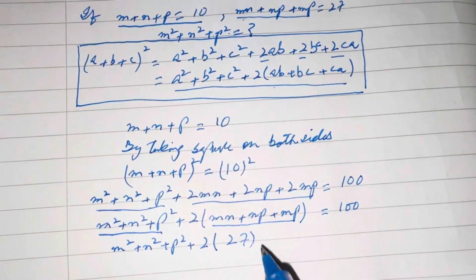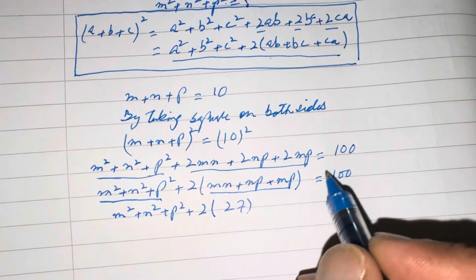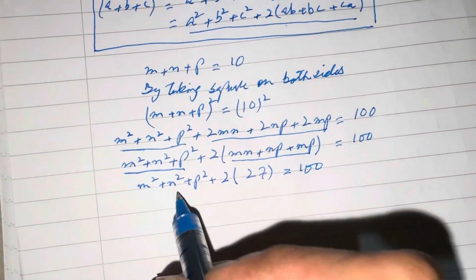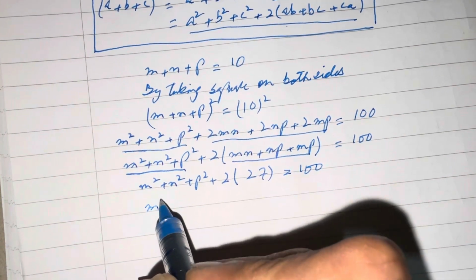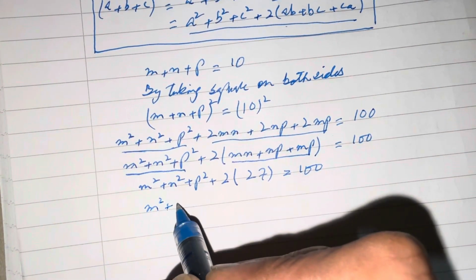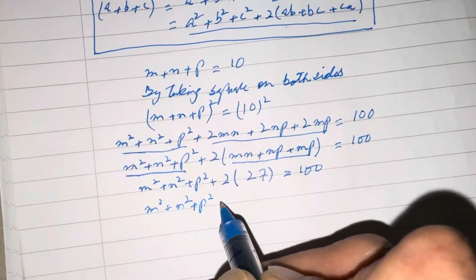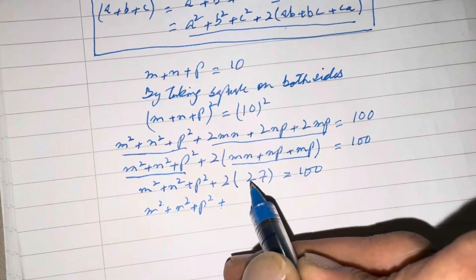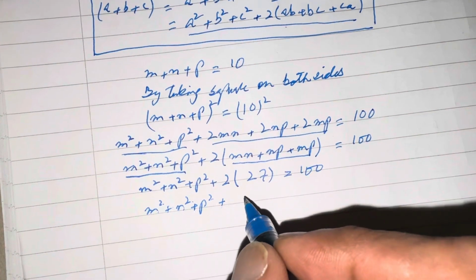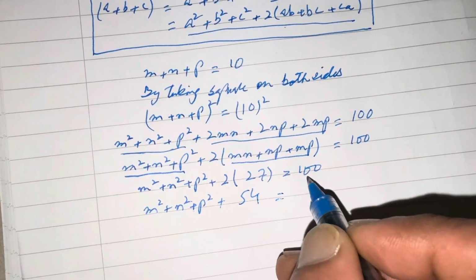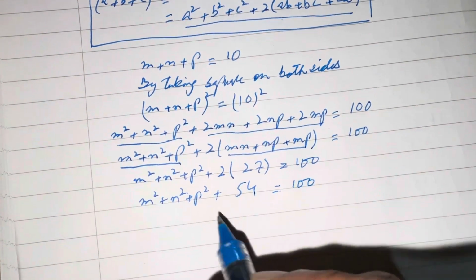So according to the situation, m square plus n square plus p square plus 2 multiplied by 27, which is 54, is equal to 100.